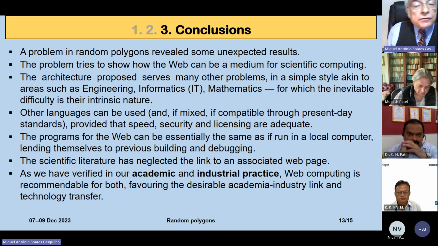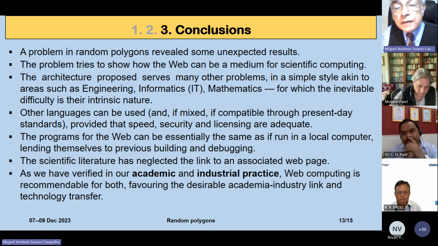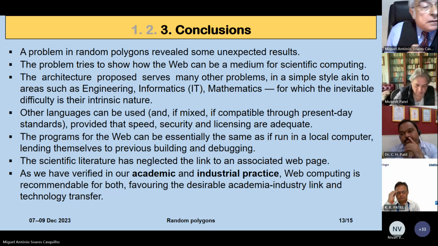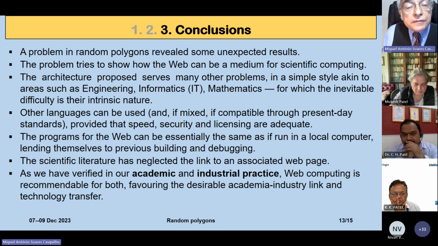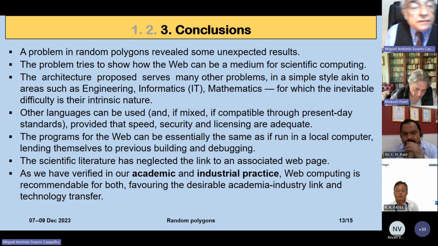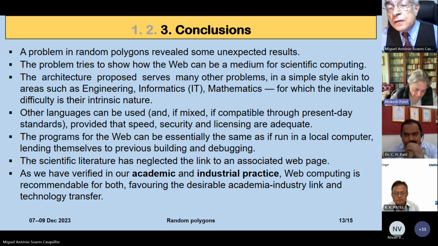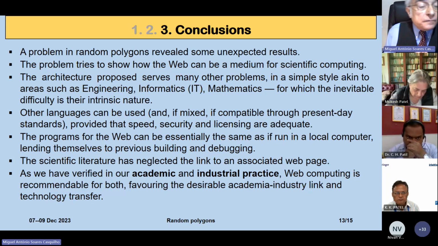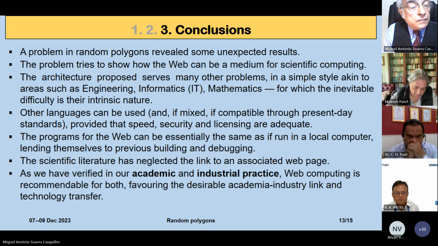The problem tries to show how the web can be a medium for scientific computing. The architecture proposed serves many other problems in a simple style akin to areas such as engineering, informatics, and mathematics, for which the inevitable difficulty is their intrinsic nature.